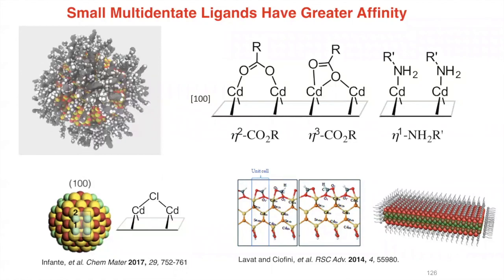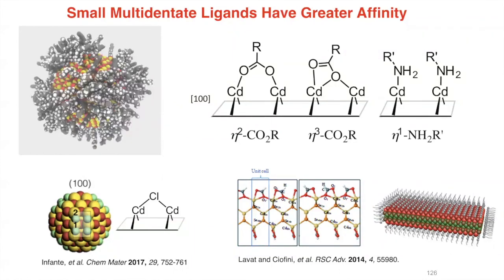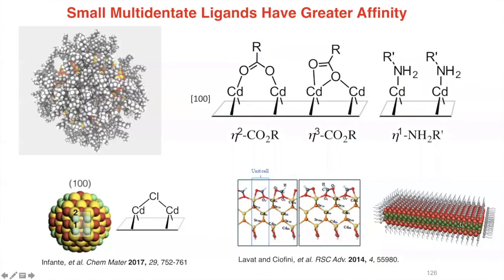We'll talk about nanoplatelets next time. Down here is a drawing of one such platelet, where you have a crystal that is atomically thin, but very wide in the other dimensions.